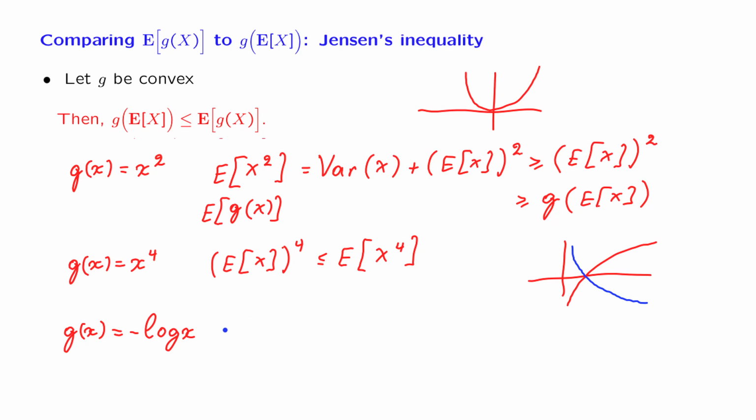So by applying Jensen's inequality to this setting, what we obtain is that g, which is minus log of the expected value of x, is less than or equal to the expected value of minus log x.